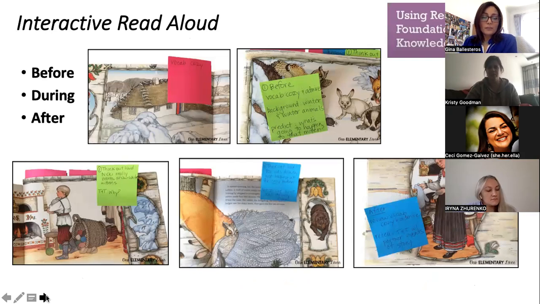Here is an example of a way of building knowledge with our readers. We can use interactive read-alouds. They can be integrated in any content area. We can plan oral language to be used before, during, and after. We can look at vocabulary.